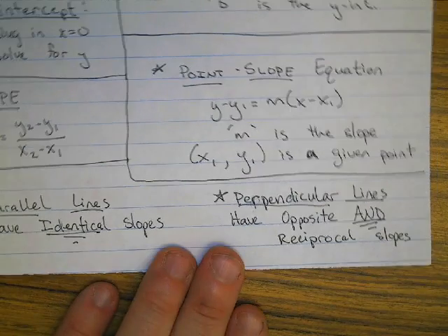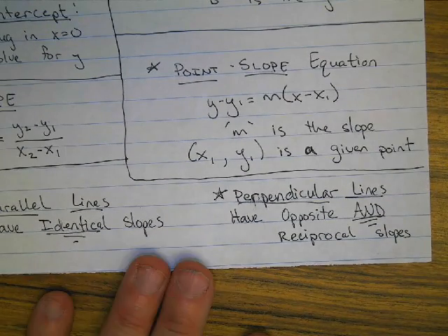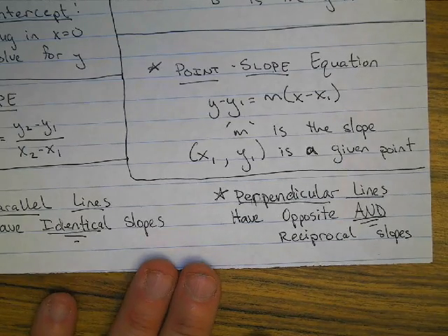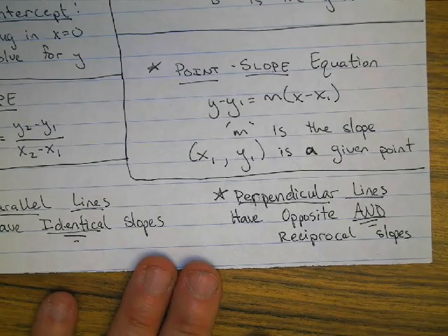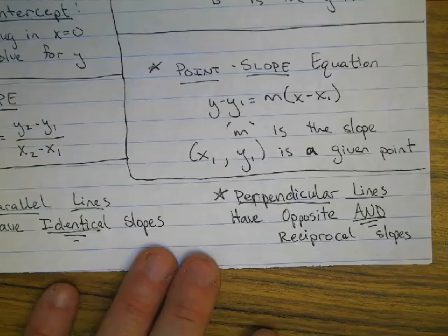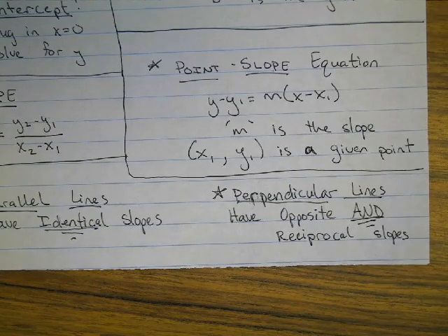So that slope value is both opposite and reciprocal. So say we're given a slope of 3/2, the perpendicular would be the opposite, negative, and reciprocal, so 2/3. So if we're given 3/2, we'd have negative 2/3 as our perpendicular slope.